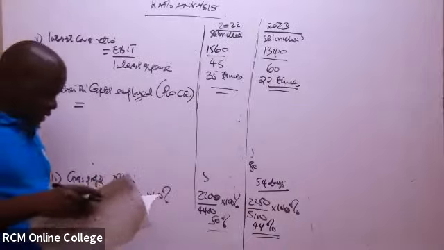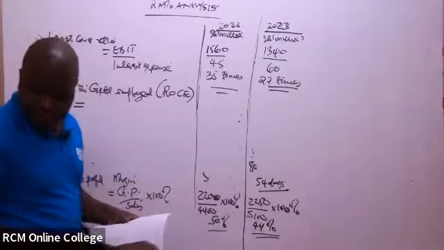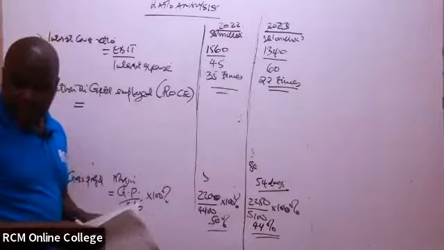Someone is saying earnings after tax over the net assets.